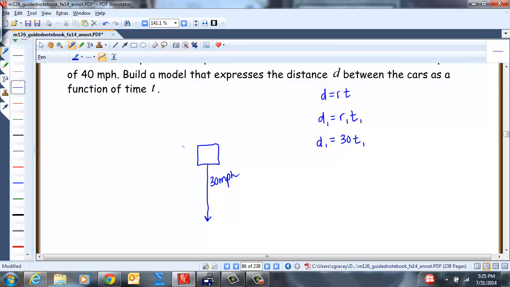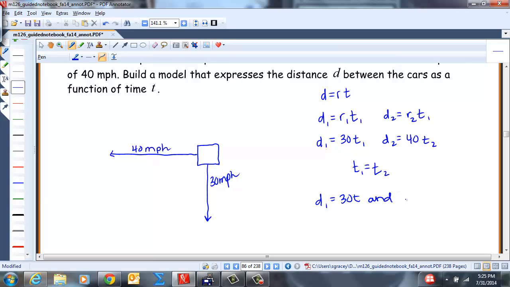Distance 2, they'll be getting a little farther because they're going faster. So distance 2 is equal to rate 2 times time 2. So distance 2 is 40 times time 2. But they're going the same amount of time. So time 1 equals time 2. So distance 1 is going to be 30t, and distance 2 is going to be 40 times t.